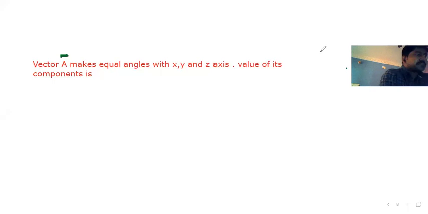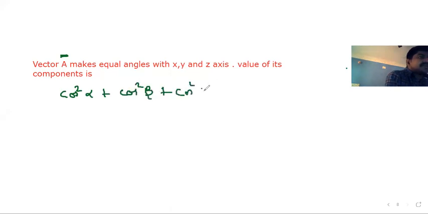The question is, vector A bar makes equal angles with x, y and z axis. What is the value of its components? If any vector makes some angles with x, y and z axis separately, we have to follow the cosine law. What is the cosine law here? Cos square alpha plus cos square beta plus cos square gamma is equal to 1.